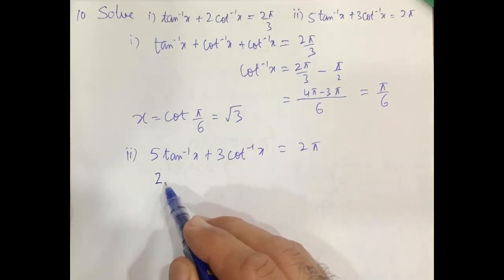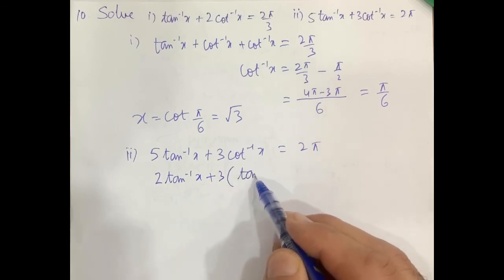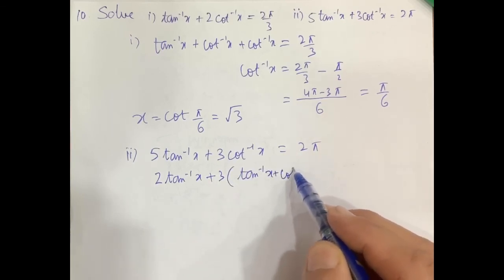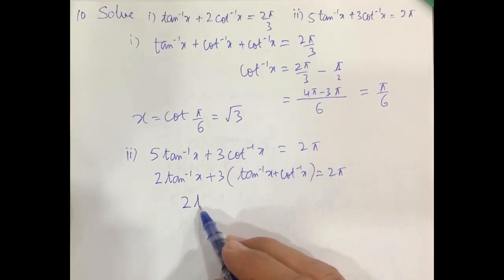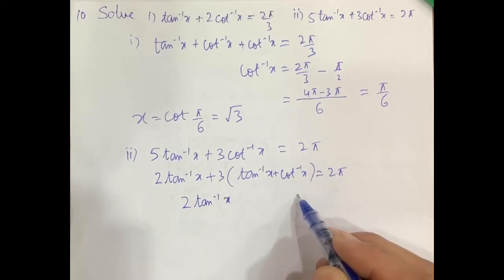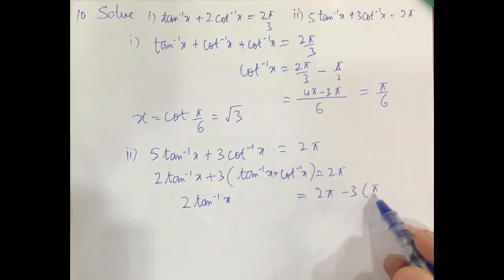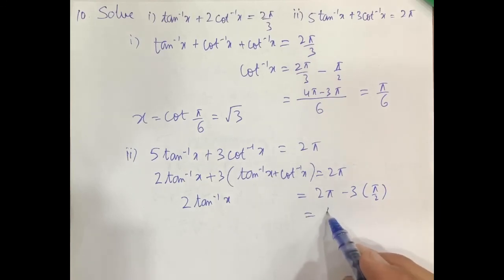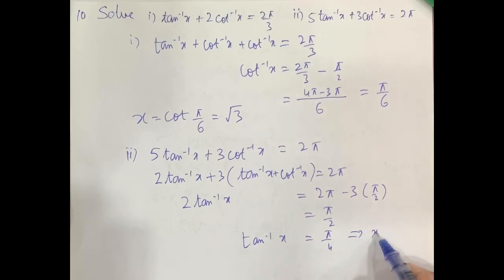This can be written as 2 tan inverse of x plus 3 into tan inverse of x plus cot inverse of x, which is 2 pi. 2 tan inverse of x is equal to 2 pi minus 3 into pi by 2. 2 pi minus 3 pi by 2 is pi by 2. This gives us tan inverse of x equal to pi by 4, or x is tan of pi by 4, and tan pi by 4 is 1. This is the answer.